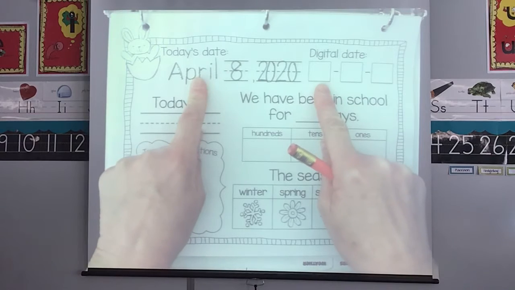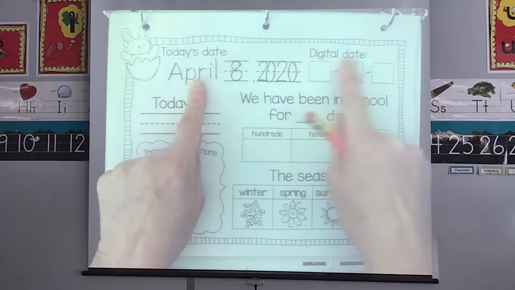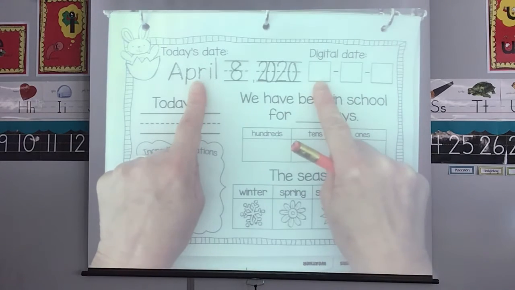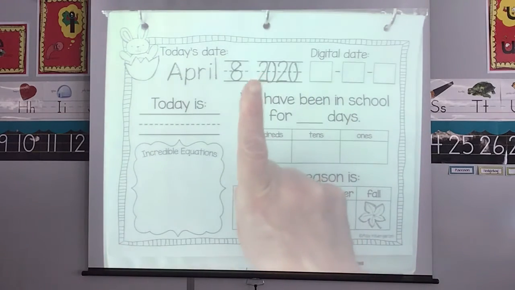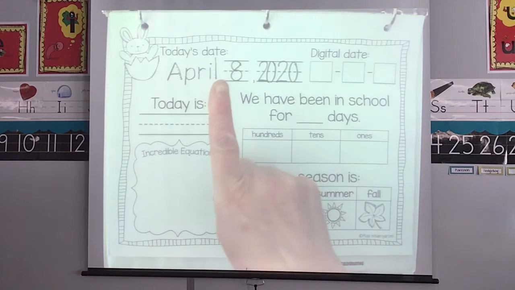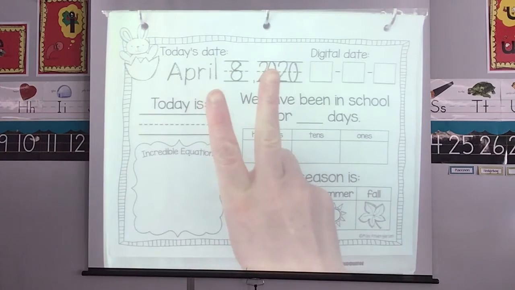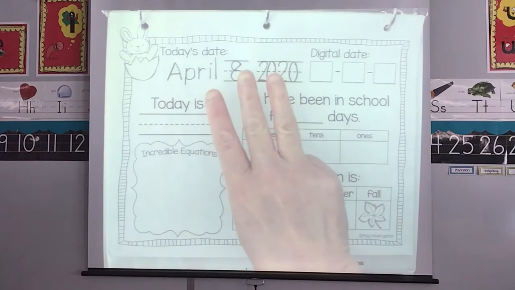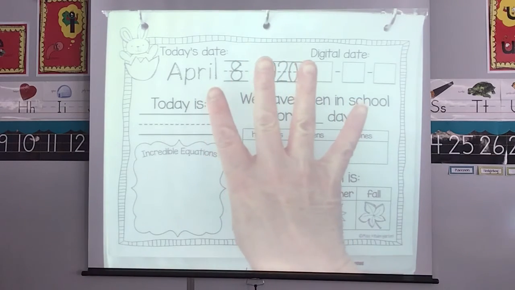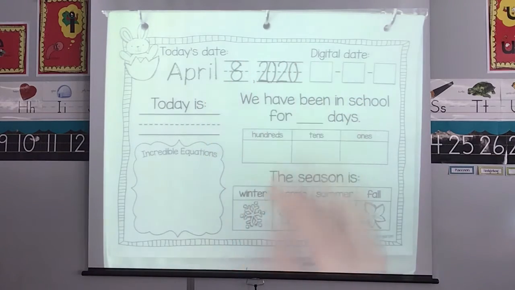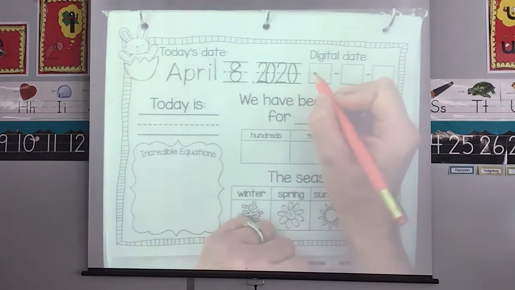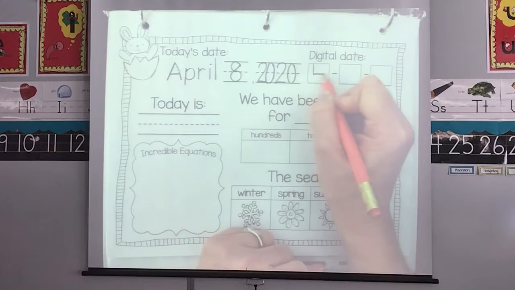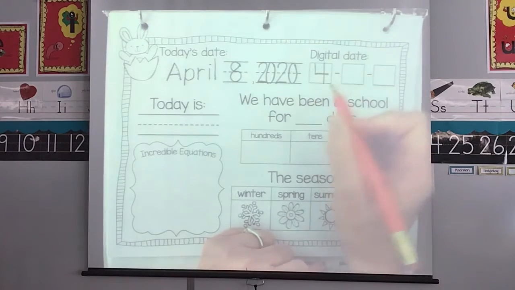So what number in our digital date do we use to represent April? I'm going to say the months of the year for you. January is 1, February, March, and April. What number do we use? That's right, 4. You guys are starting to remember that. We've done it quite a few times now. So down and across and down again.